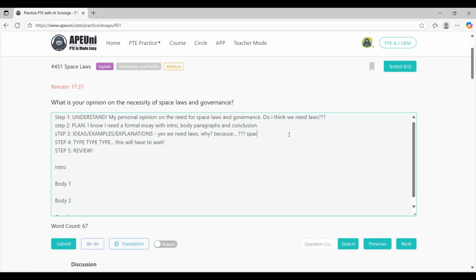Let's start off with the... Where are we going to start? Let's have a think. Launching items into space, claiming space over Earth. What else? Let's get straight into the introduction.